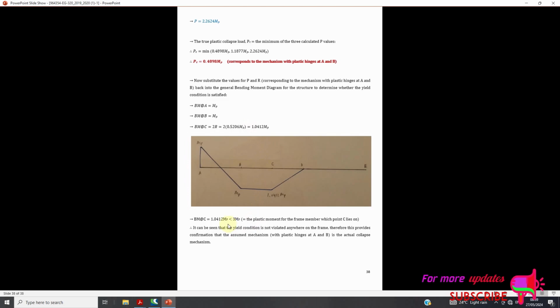Now you get that BM at C is equal to 1.0412 MP, which is less than 3 MP, the plastic moment of the member C lies on. It can be seen that the yield condition is not violated anywhere on the frame. Therefore, this provides confirmation that the assumed mechanism with plastic hinges at A and B is the actual collapse mechanism.